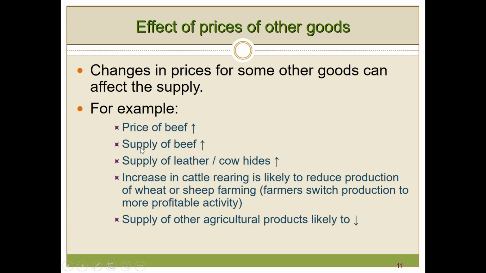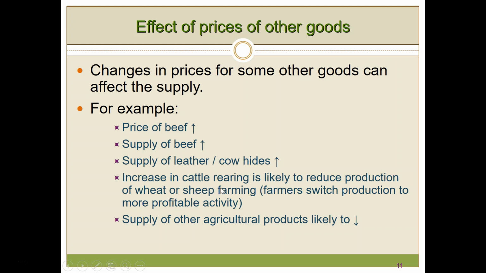So quantity supplied of beef will go up, which means that as farmers start to grow more cows for beef, this will increase supply of leather and cow hides, which is a byproduct of beef production, which also means that they will need to increase the amount of cattle being reared on fields. And this implies that we will need to switch our field usage from, for example, growing wheat or other agricultural products to rearing cattle.